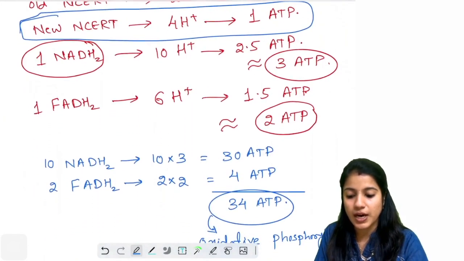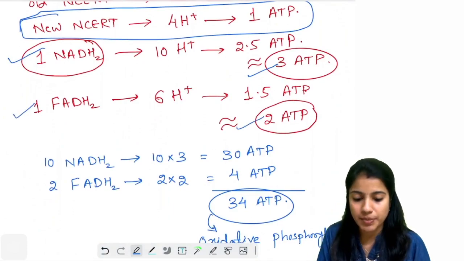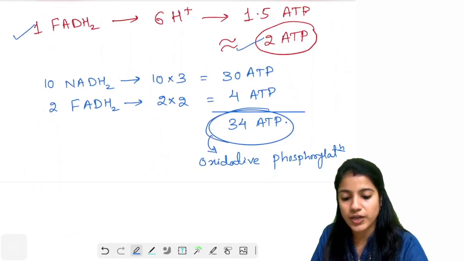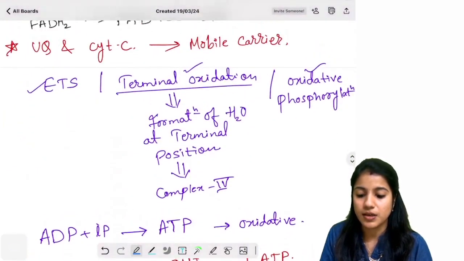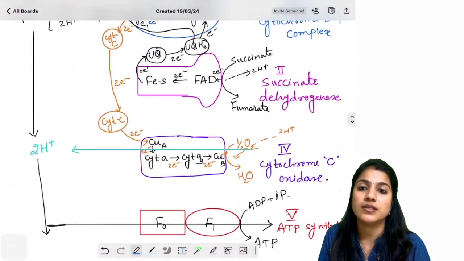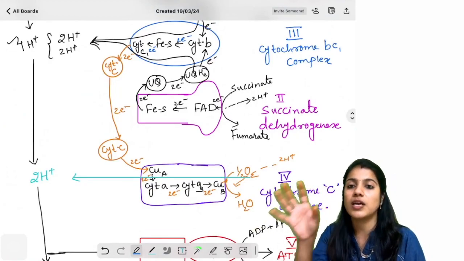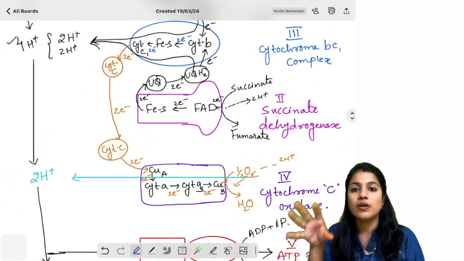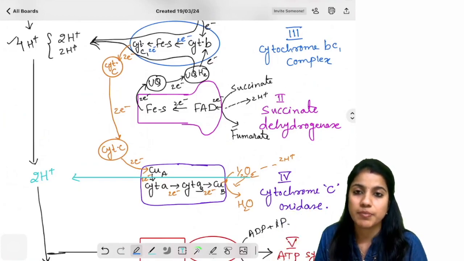Because of that, 1 NADH2 results into 3 ATP, 1 FADH2 results into 2 ATP. Total 34 ATPs we are getting because of oxidative phosphorylation. Until glycolysis and Krebs cycle are completed, ETS cannot take place, because the products of glycolysis and Krebs cycle are what enter the ETS for the formation of ATP.